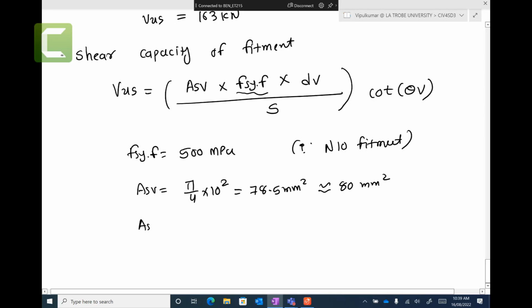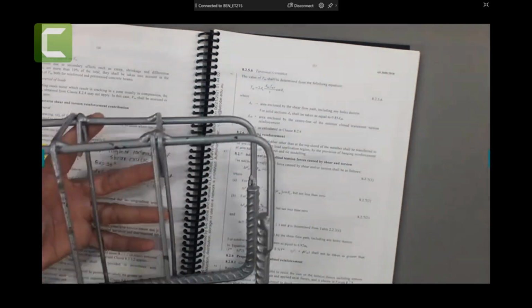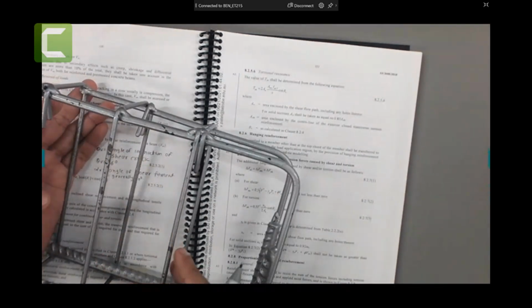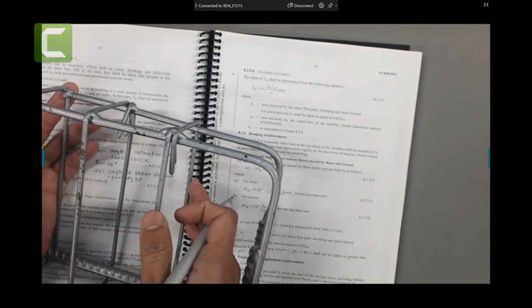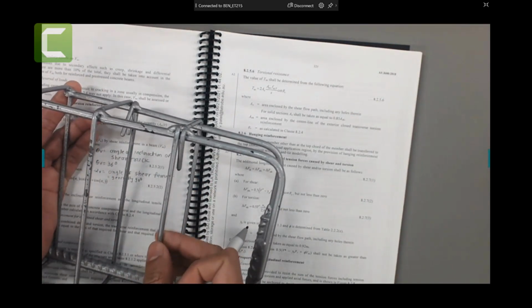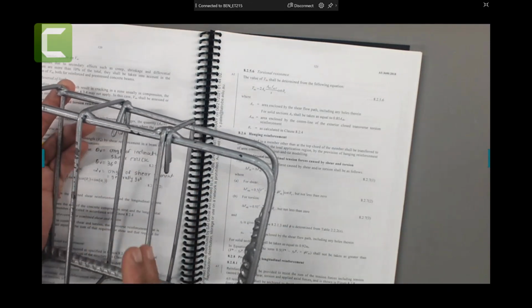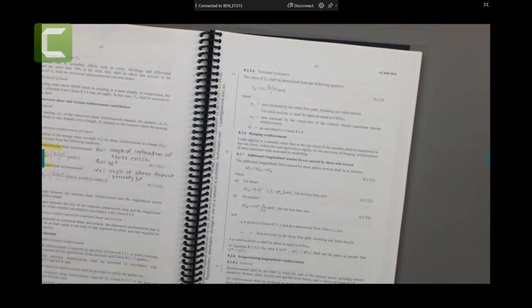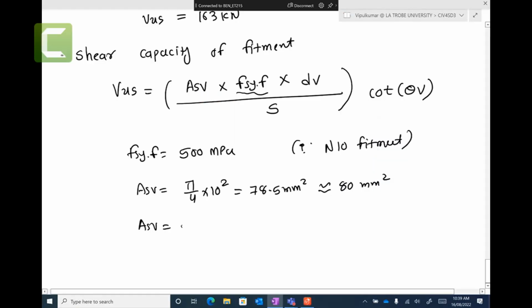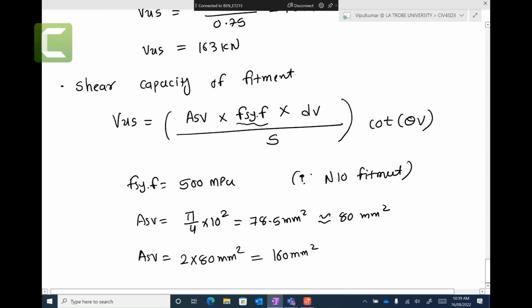And you remember that ASV is not just one single leg, but ASV is when your crack tries to cross the two legs. So you need to multiply by 2. If you have 3 legs, or 4 legs, you need to check how many legs the crack is going to cross. In our case, it's 2-legged, so you need to multiply by 2. So your final one would be 160 millimeter square. So we have everything.